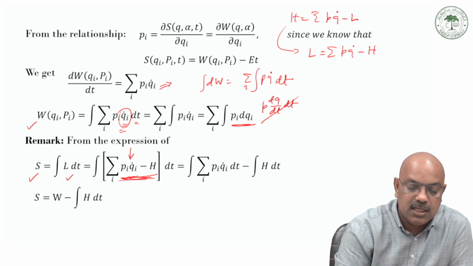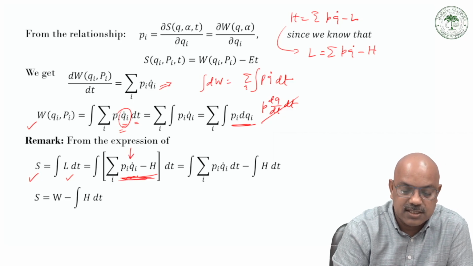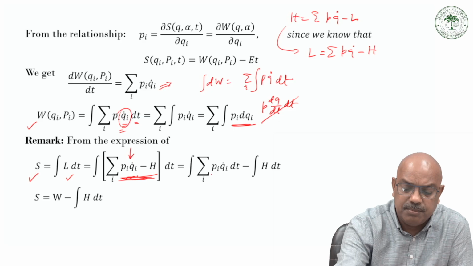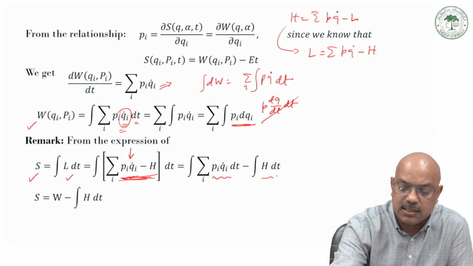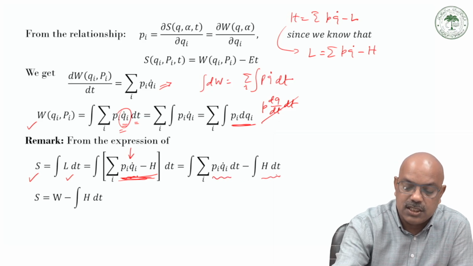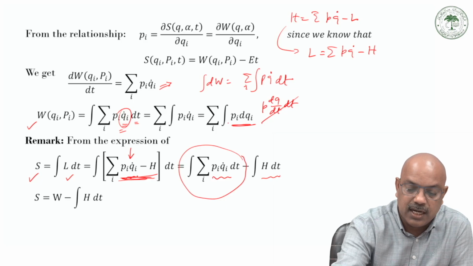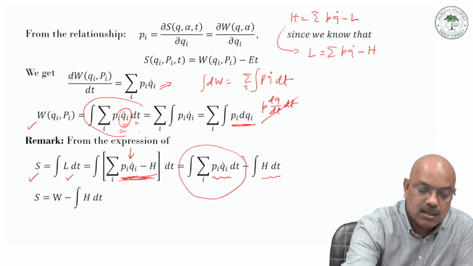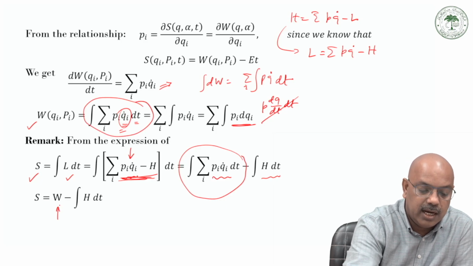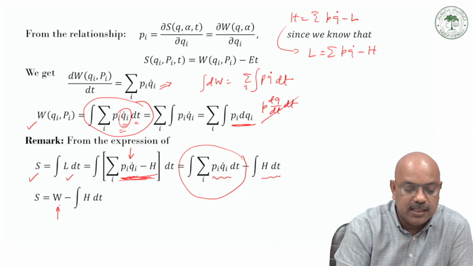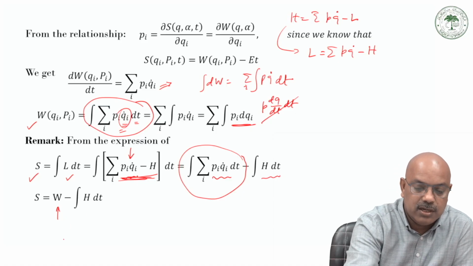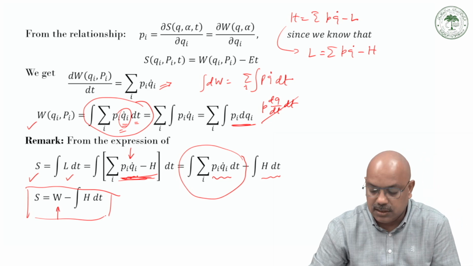But you see in this Lagrangian what I have is P, Qi and dt, and then the second part is H dt. And the first part is nothing but my Hamilton characteristic function. Okay, this is what I have. S is equal to W minus the integral of H dt.